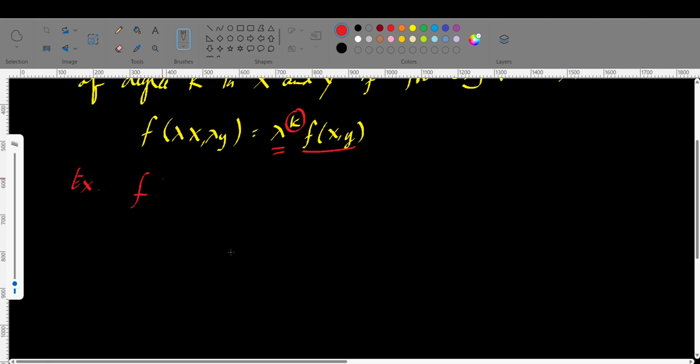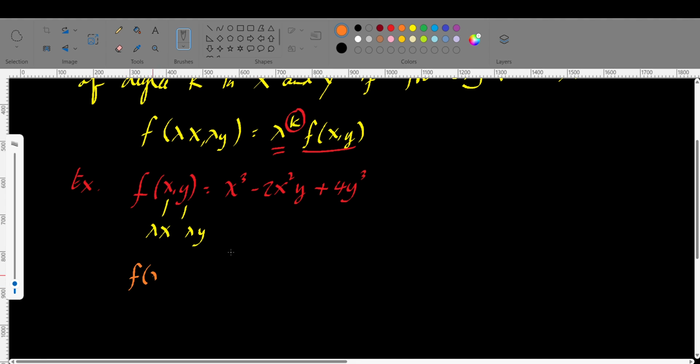we are given f of xy equal to x cubed minus 2x squared y plus 4y cubed. If we are to follow the definition, our x here will be replaced by lambda x and y by lambda y. And let us see what will happen.